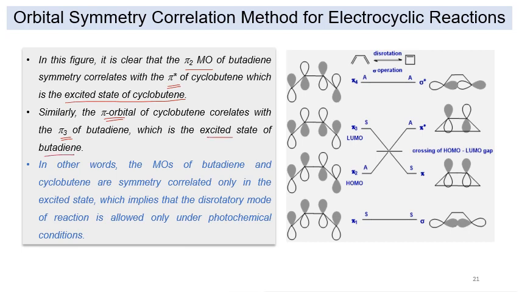In other words, the molecular orbitals of butadiene and cyclobutene are symmetry correlated only in the excited state, which implies and indicates that the disrotatory mode of reaction is allowed only under photochemical conditions.